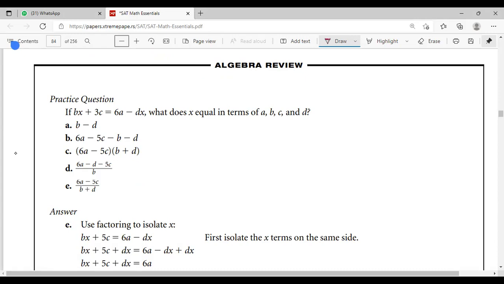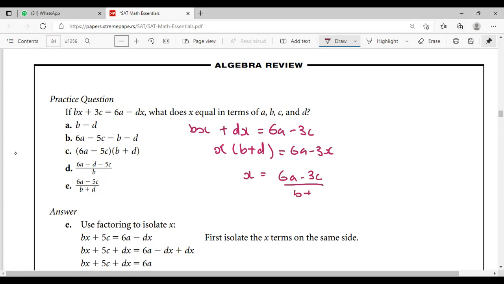So again, bx would go to the left hand side and it would be dx. 6a minus 3c. x is common, so we have b plus d. 3c, this would come here. dc would go there.